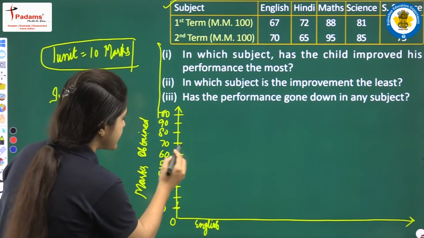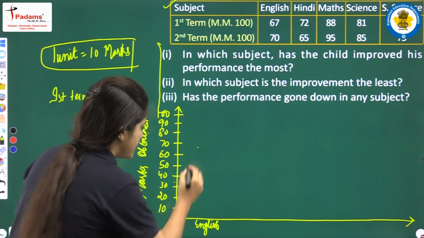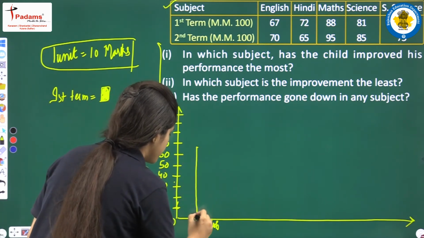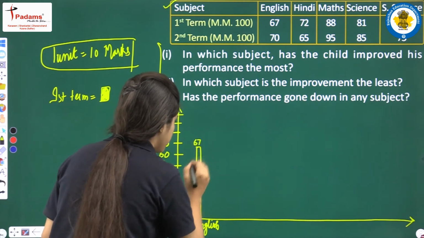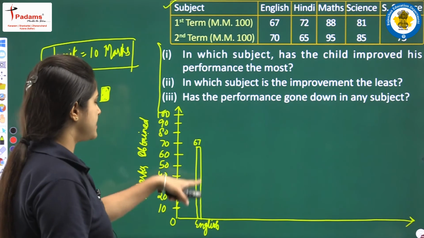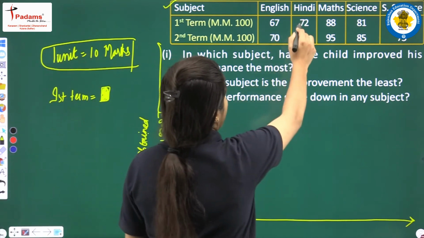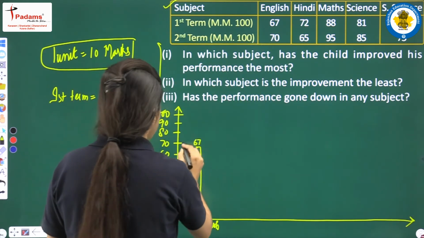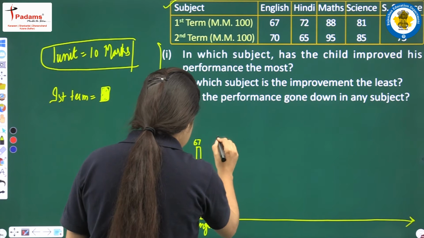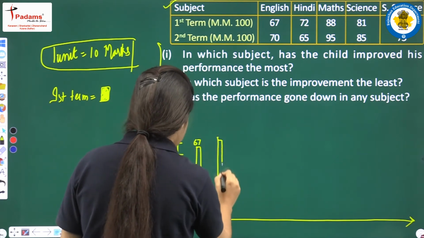Okay, 67 is lying very close to here. Now students, this is the mark for English. The marks he got in Hindi in the first term: 72. It will be like this.